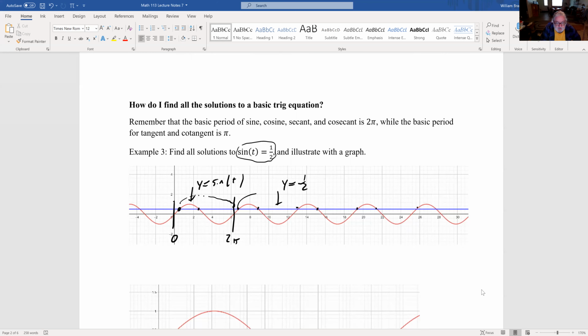If I add 2 pi to that one, I'll get this one. And if I add 2 pi to this x coordinate there, I'll get that one. And likewise, if I add 2 pi to this, I'll get that point, and you can get a string of other solutions. And going backwards, if I subtract 2 pi from this solution, I'll get that solution.